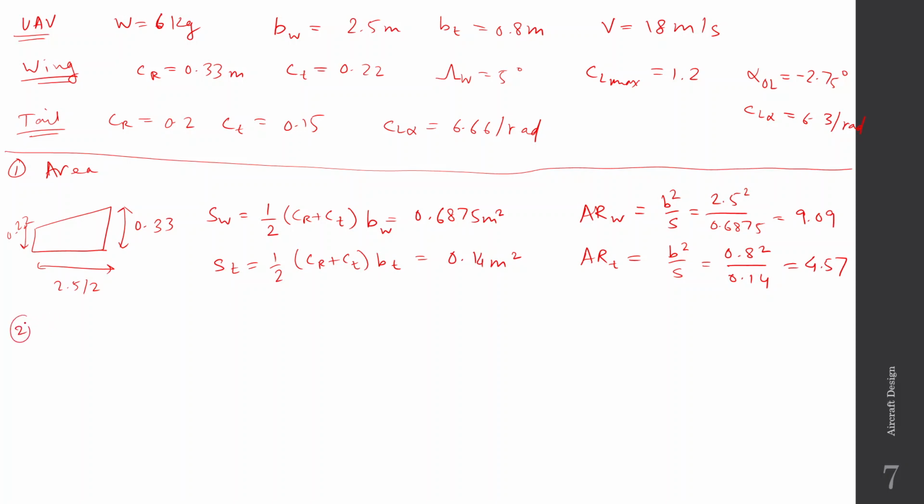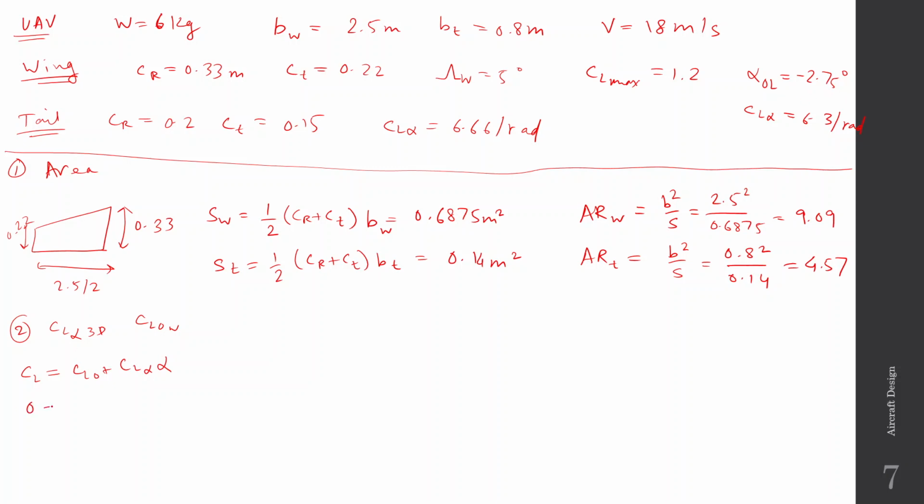Now let us calculate CL alpha 3D, and we'll also calculate CL naught for the wing. So first let us calculate CL naught of the wing. We know that CL is equal to CL naught plus CL alpha into alpha, and alpha at zero lift is minus 2.75 degrees.